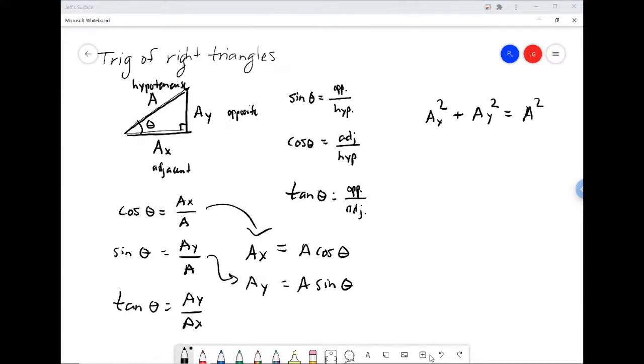And you can convince yourself that that formula is the same as, you guys remember this from trigonometry, the sine of an angle squared plus the cosine of an angle squared equals 1. All right, they're the same. You can make some substitutions and rearrange and go from one to the other.